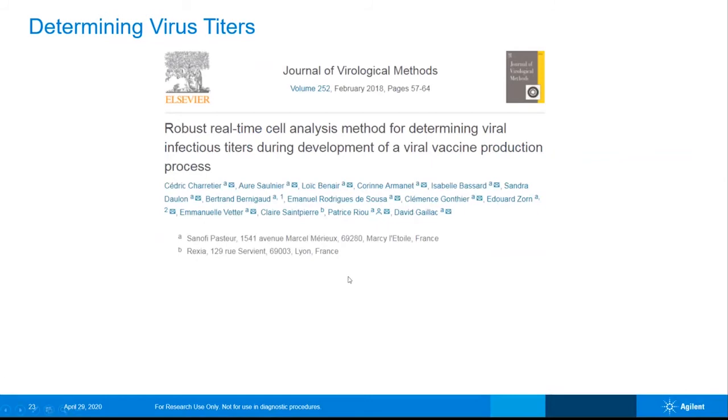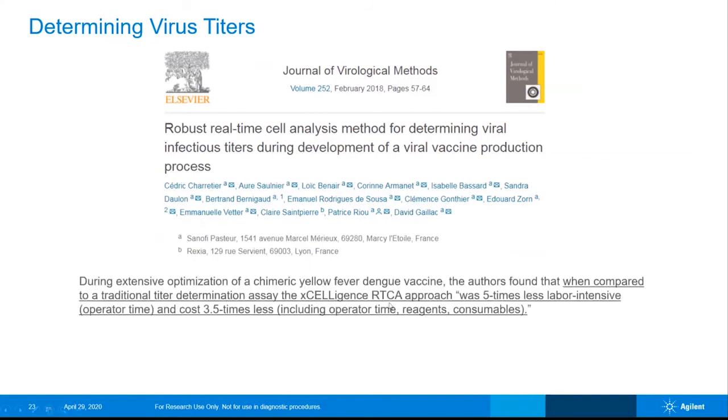So of course, these guys are in the business of vaccine development. And they made a couple of really striking statements in this paper. One of them is that when they compared to a traditional titer determination assay, the xCELLigence approach was 5 times less labor intensive in terms of operator time. It costs 3.5 times less when you consider operator time, the reagents, and the consumables.